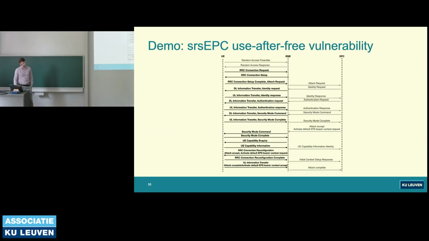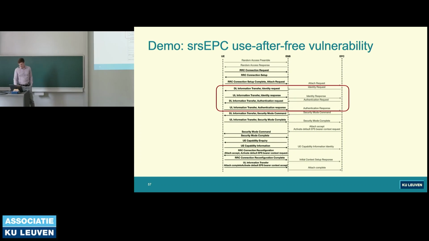So let's remember the attach procedure that I showed you before. Here we're not going to focus on the whole procedure, only on this part where our interesting packet happens. First, in the benign version of the attach procedure, an identity request is sent to the UE, then the UE responds with the identity response, and then an authentication request is sent and an authentication response is received.